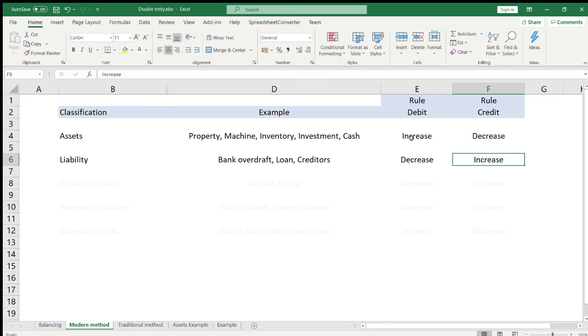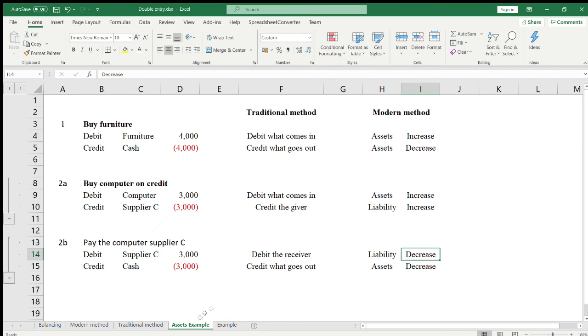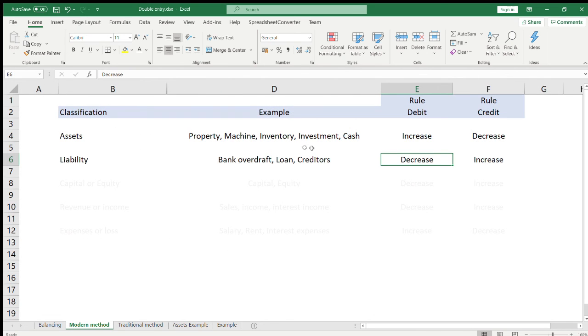When an asset increases, you debit, but when a liability decreases, you debit. It's just the opposite in liability. That's what we have done. Liability decrease, debit liability. See this grid: asset, debit when it increases. Liability, debit when it decreases.